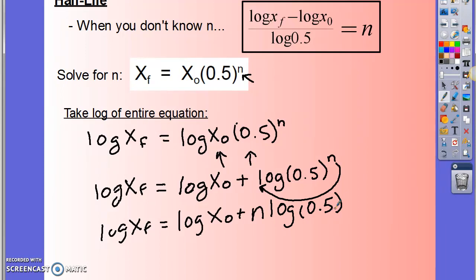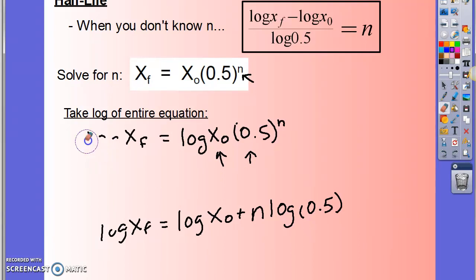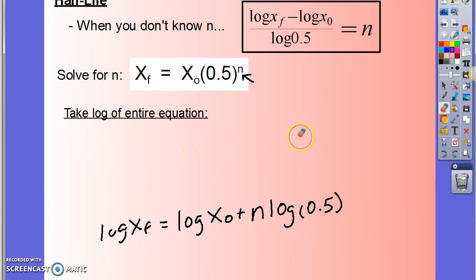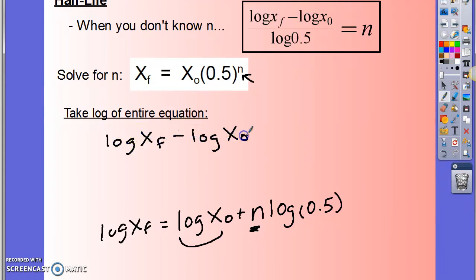So remember we want to get n by itself. So I'm going to erase this stuff, and we'll move back up because I'm running out of space. So I know that I can go ahead and move this term to the other side because we want n by itself. So I'll do that by subtracting because right now it's being added on the right side. So log xf minus log x0. Does that look familiar? Yep, that looks just like what I have up here in the equation in the box.